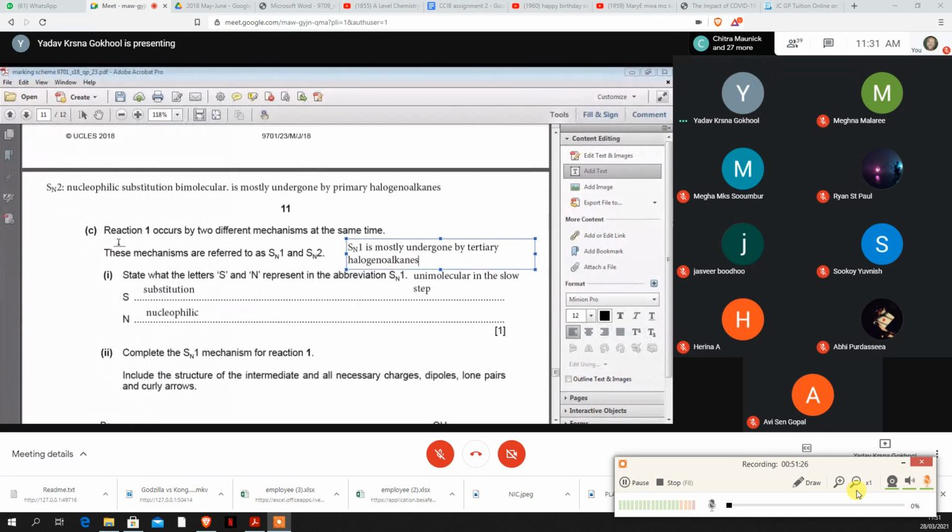Now, a secondary alcohol, not alcohol, but secondary halogenoalkane, can undergo both mechanisms. Okay. The secondary is different. It can undergo both mechanisms.